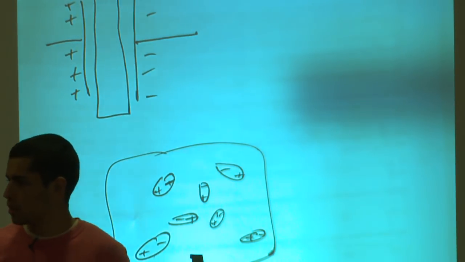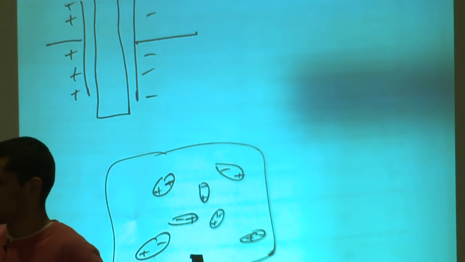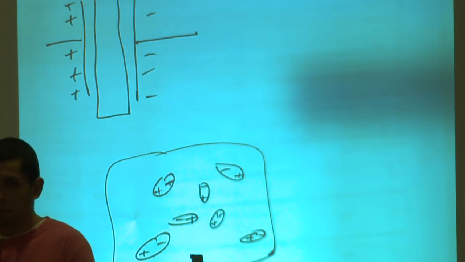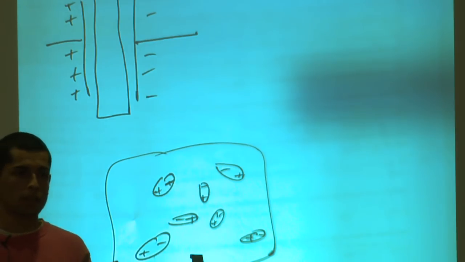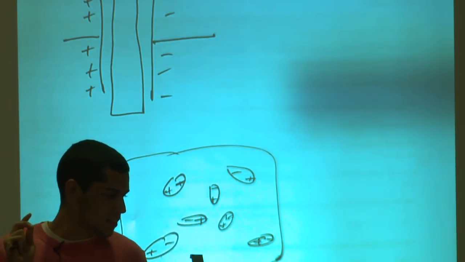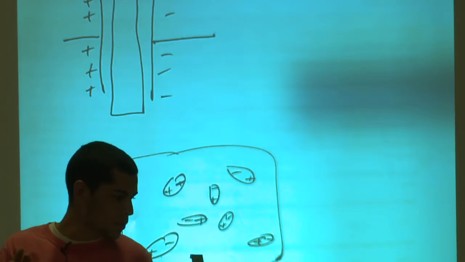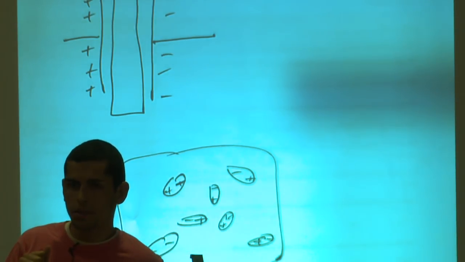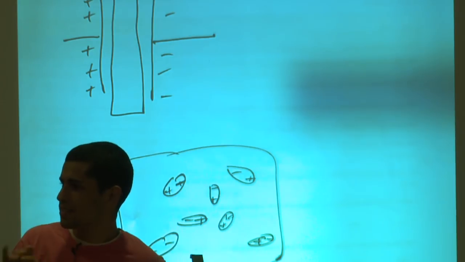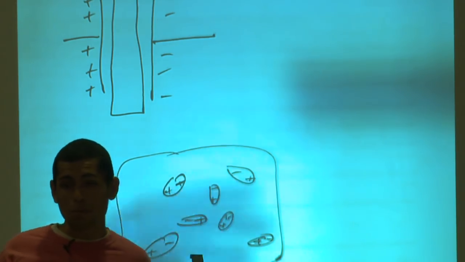I thought it was supposed to decrease the magnitude of the electric field inside. You can check your book, because I might be wrong. Does anyone also think that it decreases the capacitance? This is super important.